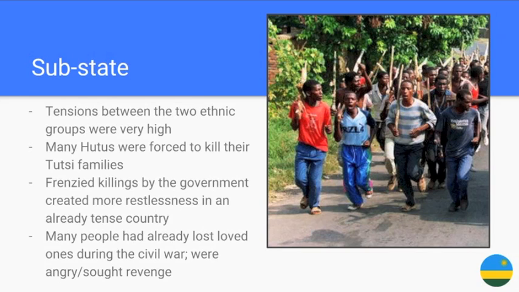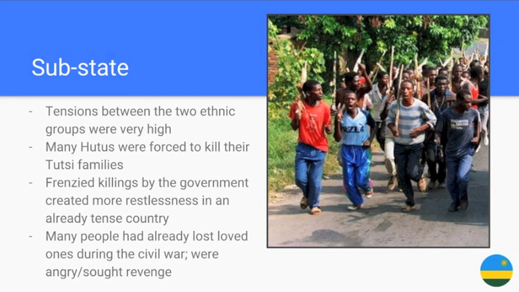At a sub-state level, as mentioned before, the tensions between the two ethnic groups were very, very high. A lot of Hutus were also forced to kill their Tutsi families, or else they would be killed themselves. These frenzied killings by the government and soldiers and the militia that were starting to join created this huge restlessness in this already chaotic, tense country, and the more people started to join, it was almost like a snowball effect.